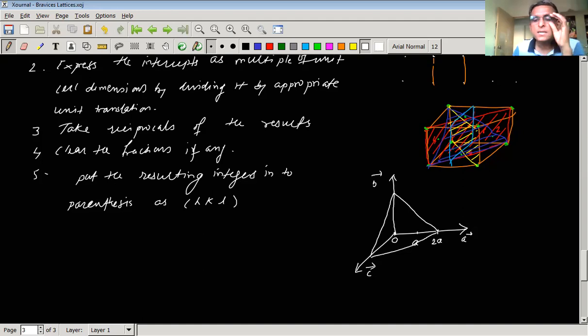We consider such a plane which is intersecting each coordinate axis as shown in the figure.